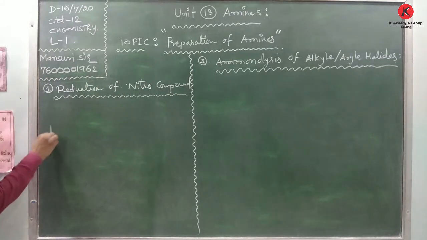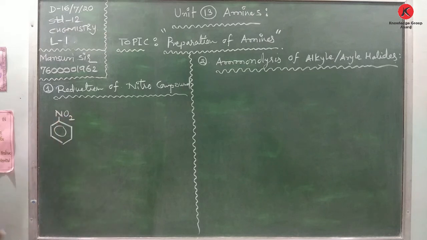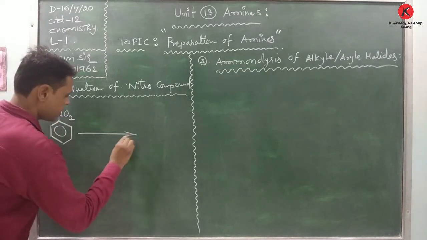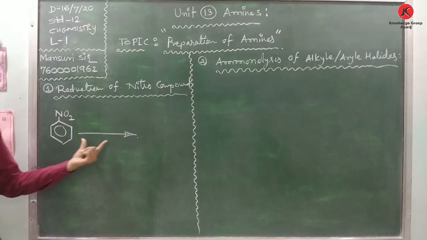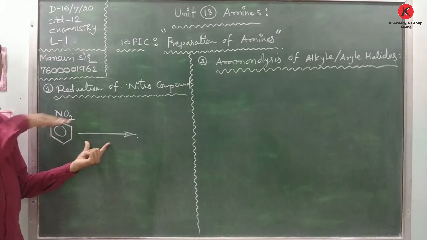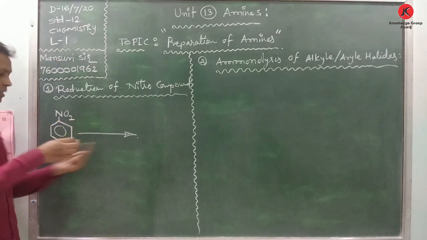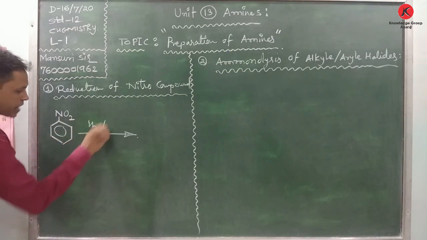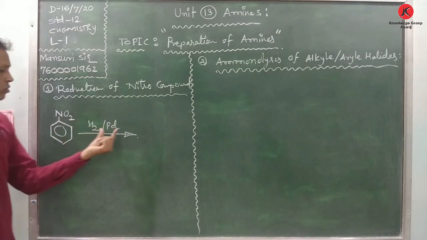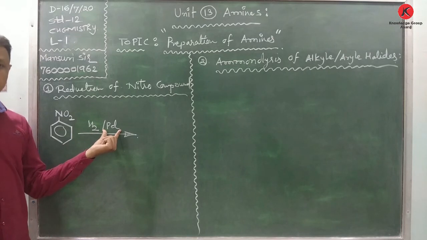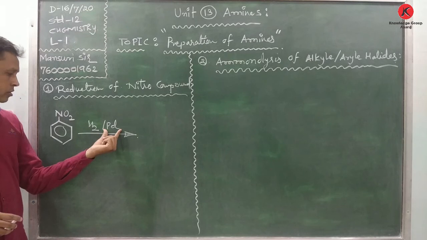Whenever we are taking nitro compounds like nitrobenzene, a hydrogenation reaction, a reduction reaction, takes place. That means H2/Pd. You can use Ni, Pt or Pd, three metals you can use.